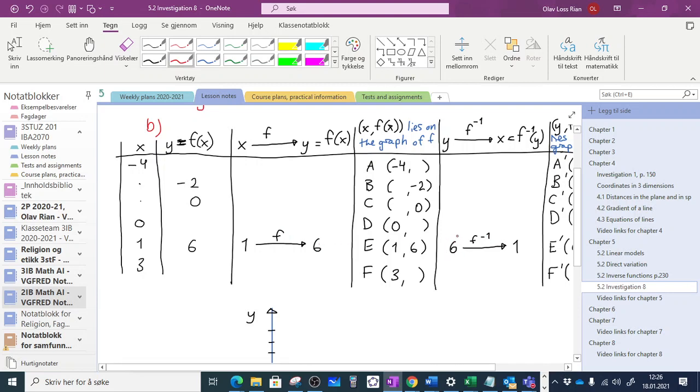The image of 6 under the function f minus 1, or the inverse of f, is 1. So that's how we would translate this bit here. The image of 1 under f is 6.